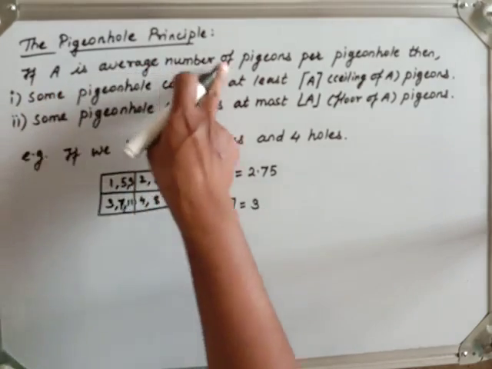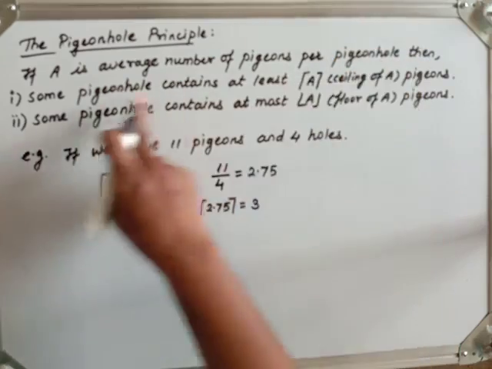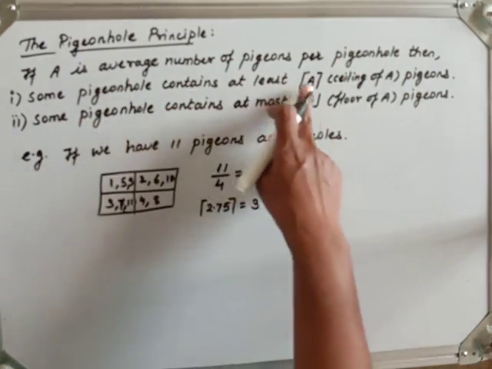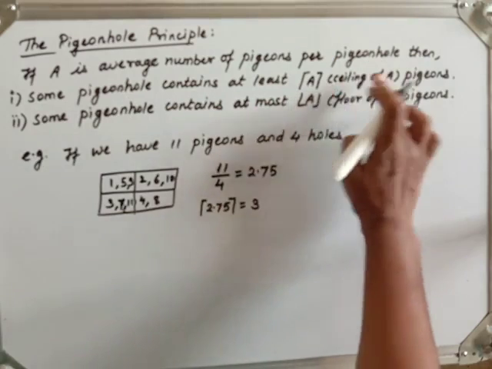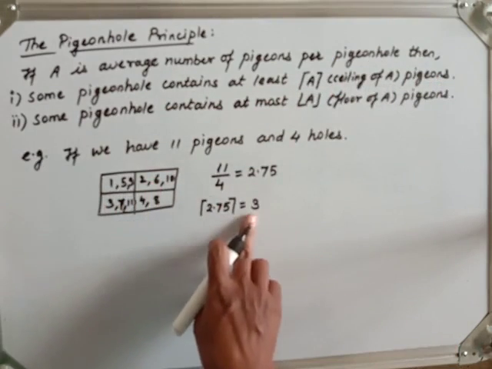A is the average number of pigeons per pigeonhole, so some pigeonhole contains at least ceiling of A pigeons. Clearly here 3 pigeonholes consist of 3 pigeons.